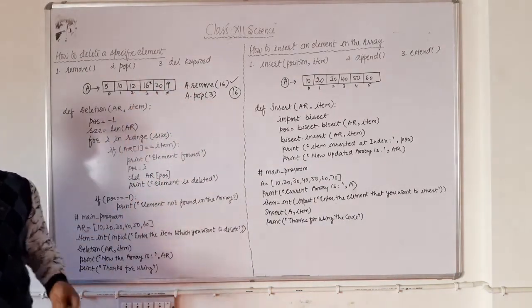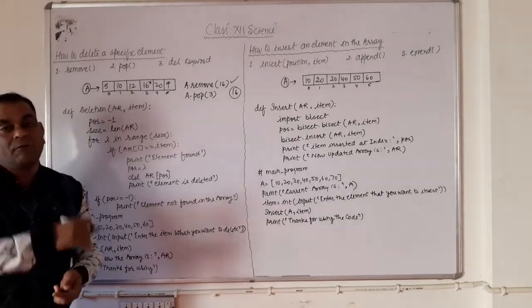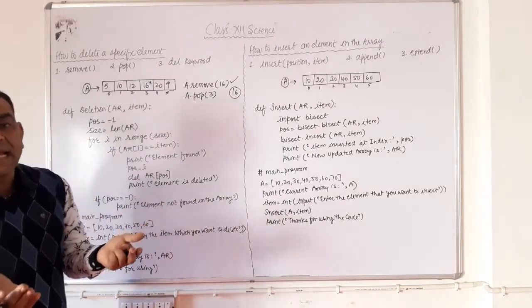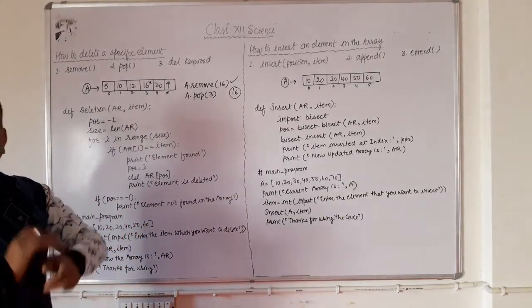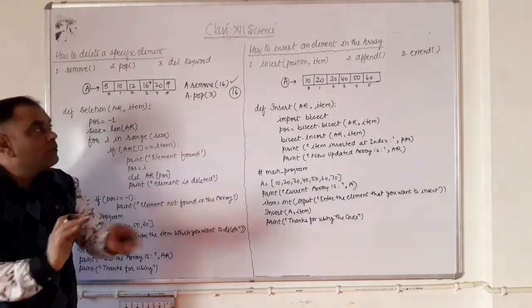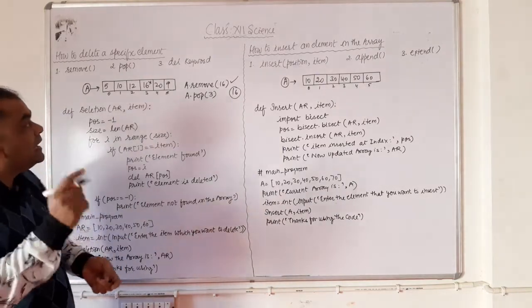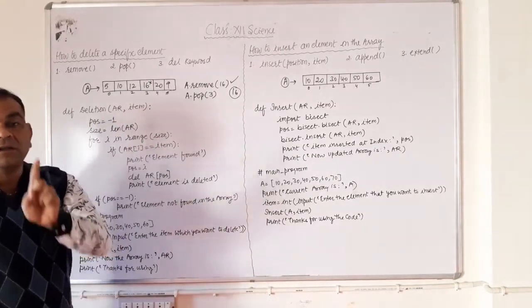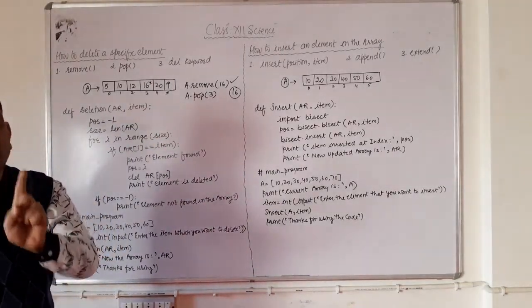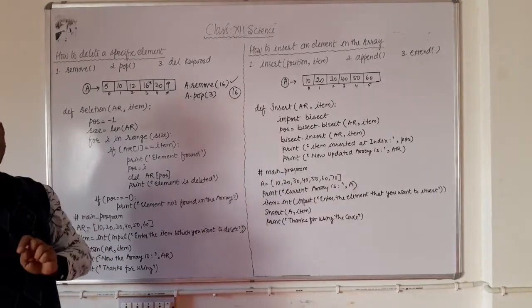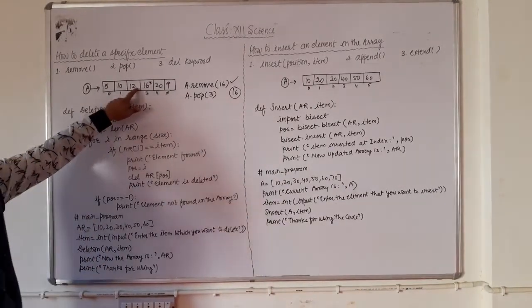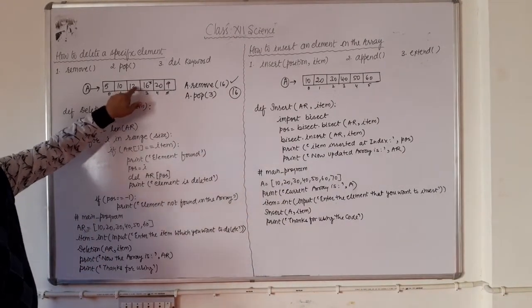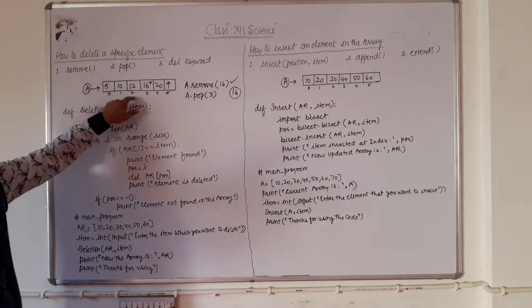Now the third one, del, it is a command of Python. You can take help of the del command also to delete something, to remove something from your array. The delete command also works on the position of the particular specific element. Suppose you want to remove 12. So very first you should know what is the position of 12 in your array.